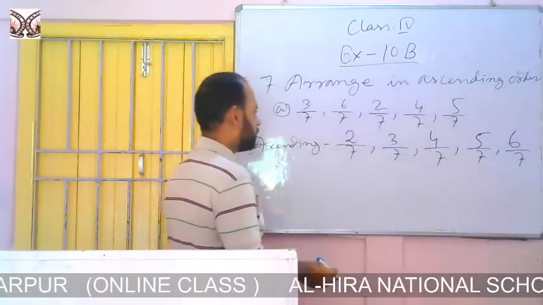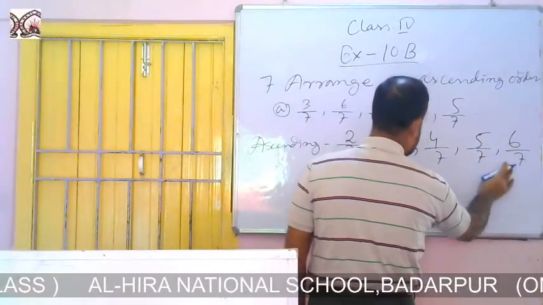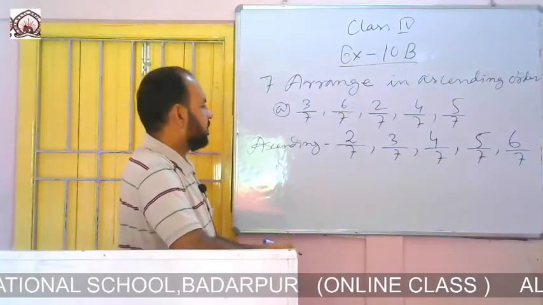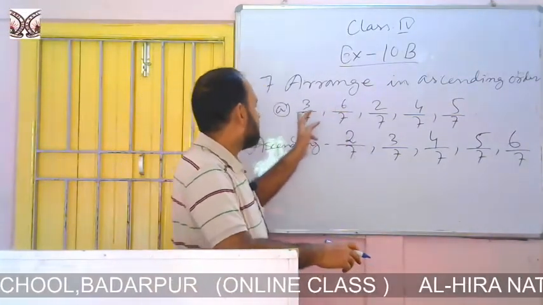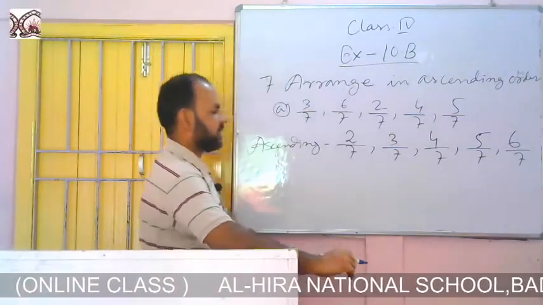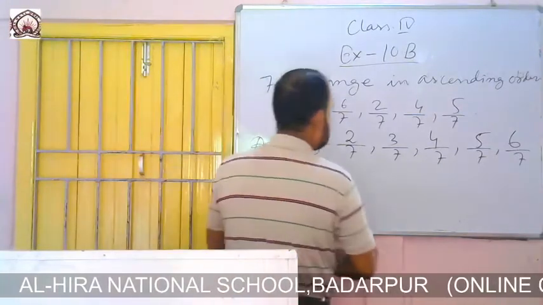So if fractions are like fractions, first we write all denominators, and then if we arrange in ascending order, we write all numerators in ascending order, and we get the ascending order.